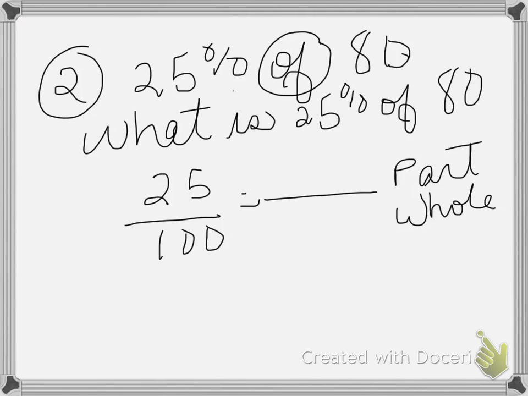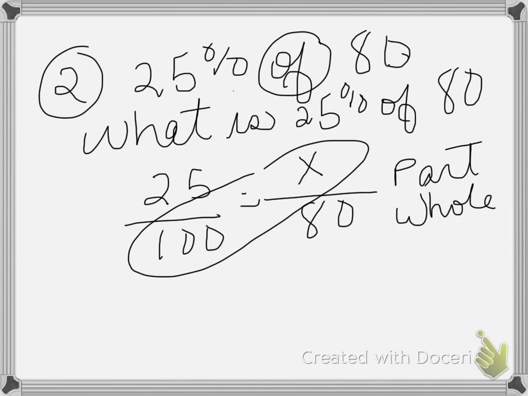So you know the whole thing is 80. Is over of. So the of is 80 and the x is what you don't know. Now, of course, you cross multiply. You have 100x equals what? Okay, what do we have for 25 times 80? 5 times 8 is 40.